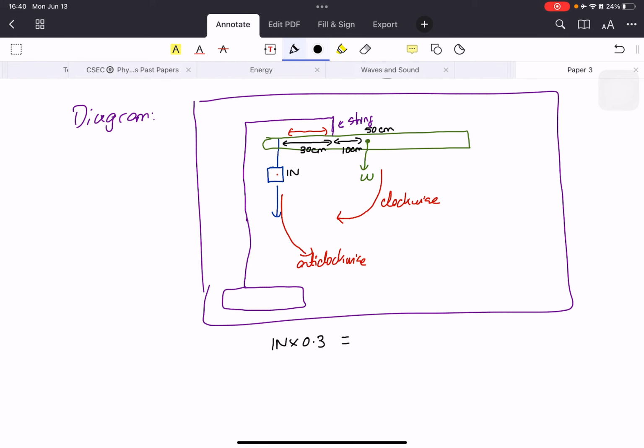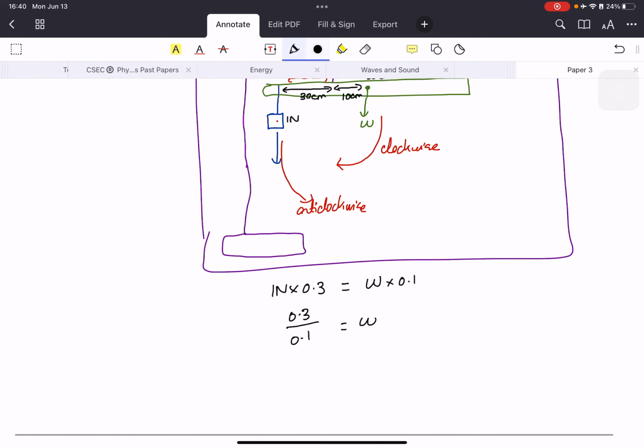That should be equal to the weight multiplied by 0.1 meters. So this will be how you find the weight. We have 0.3 over 0.1, and the weight of the ruler in this case would be 3 newtons.